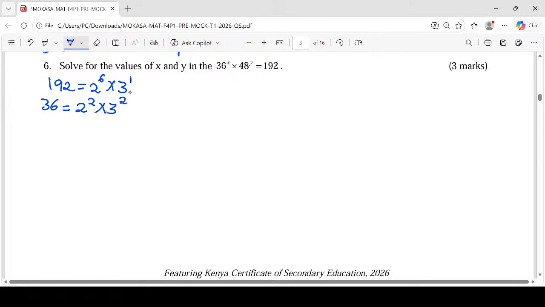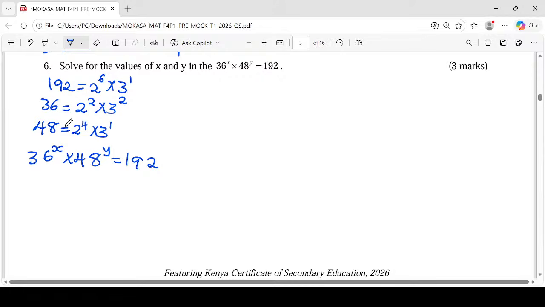Then we have this number 48, which we can express as 2 to the power of 4 multiplied by 3 to the power of 1. So when you are given 36 to the power x times 48 to the power y should be equal to 192, this can be broken down.